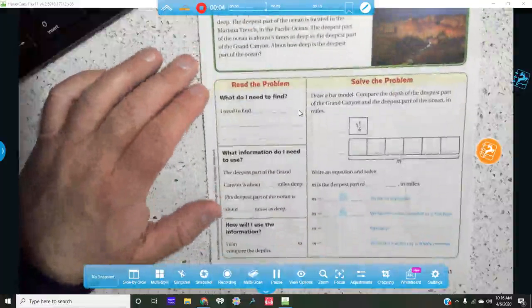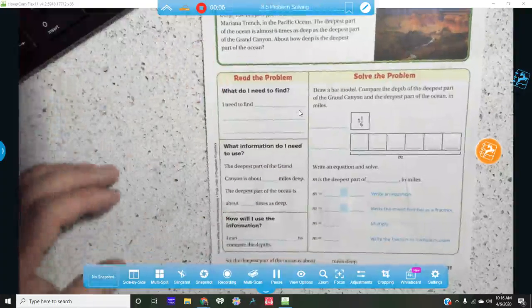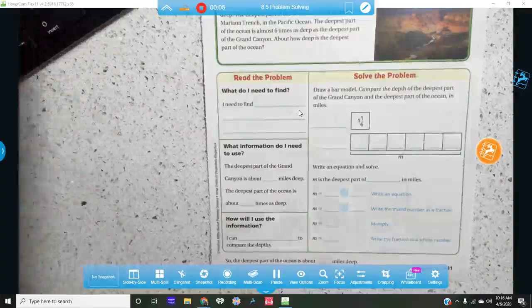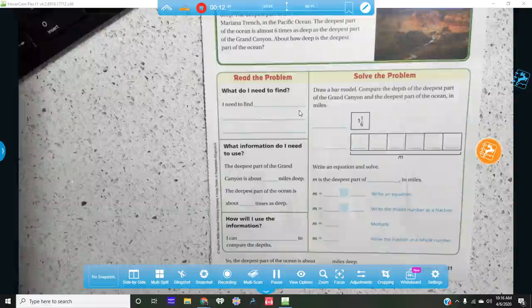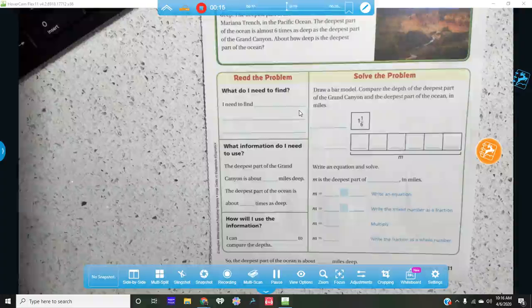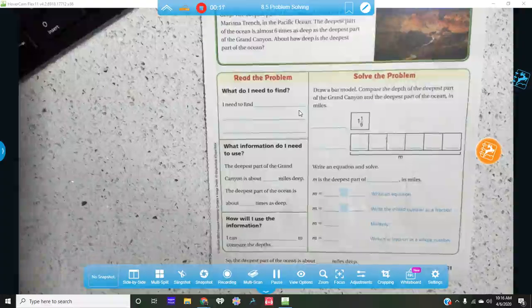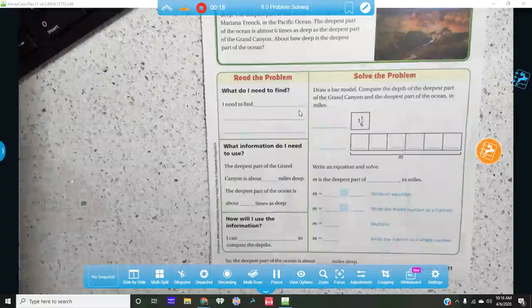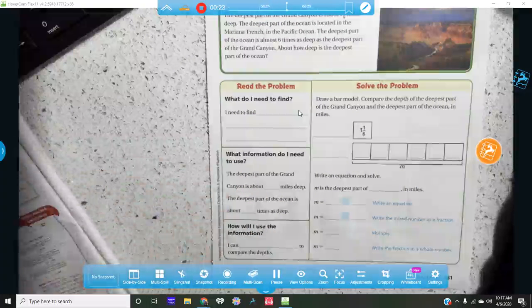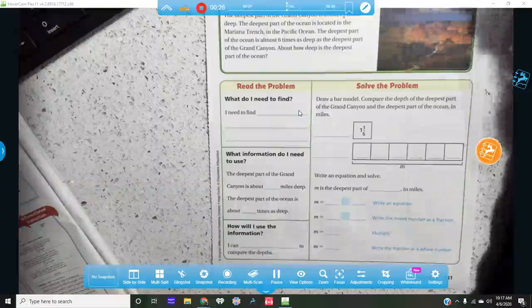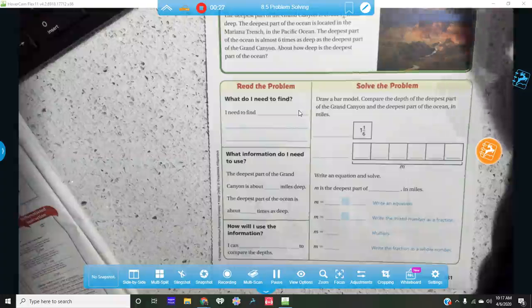This problem probably looks a little familiar because it is pretty much what the book problem was today, but let's just run through it together so we can make sure we get the kinks worked out of this. Alright, so the deepest part of the Grand Canyon is about 1 1/6 miles deep.